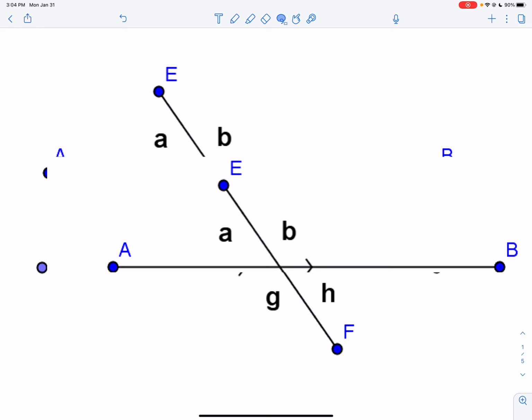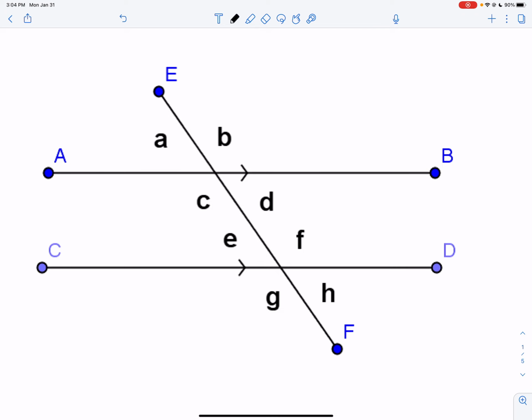It's the same line, and if we collapse the interior, like cut it out of there, you realize that with the same side exterior, you're really looking at a linear pair, supplementary angles, and these two are as well. And the reason that that's cool and it helps is because then we'd be able to use a linear pair right there to figure out what this is, and a linear pair right there to see what that is. But we don't need to prove that part.